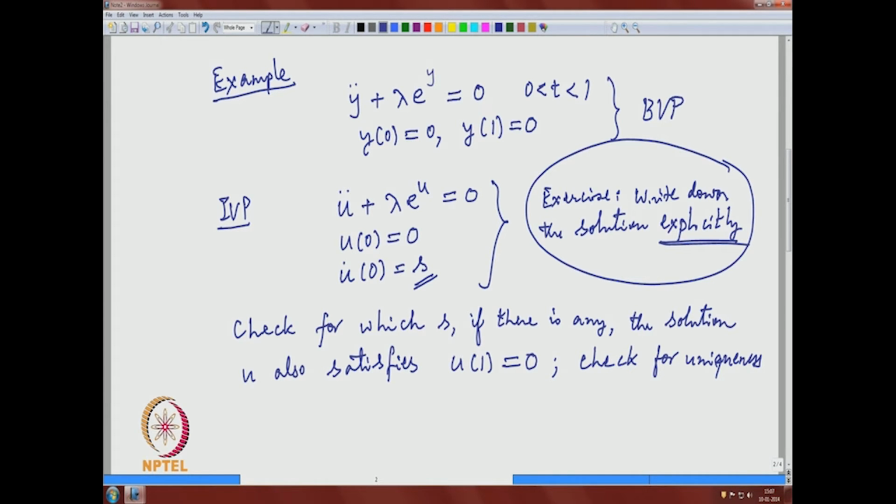So why do I want to stress this example? In this case this f of t, u, u dot is very simple, it is just minus lambda e to the u if you want to write it. And this is not globally Lipschitz, not globally.